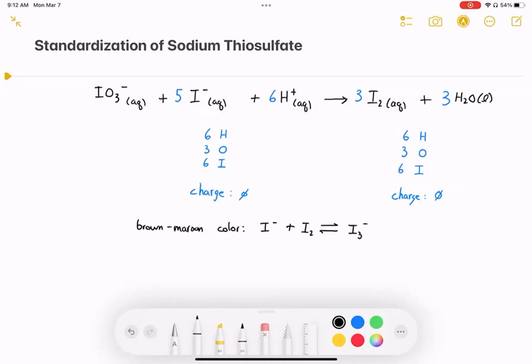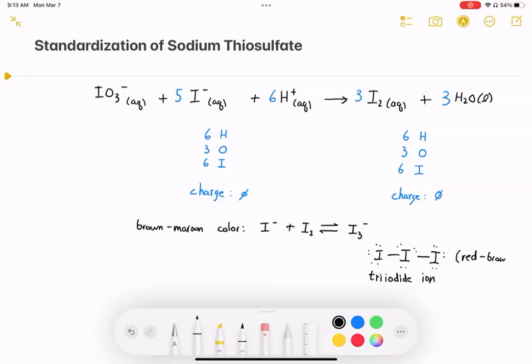So I3 minus is this molecule here, the triiodide complex. This is called the triiodide ion, and it's a red-brown color, depending on how concentrated it is.